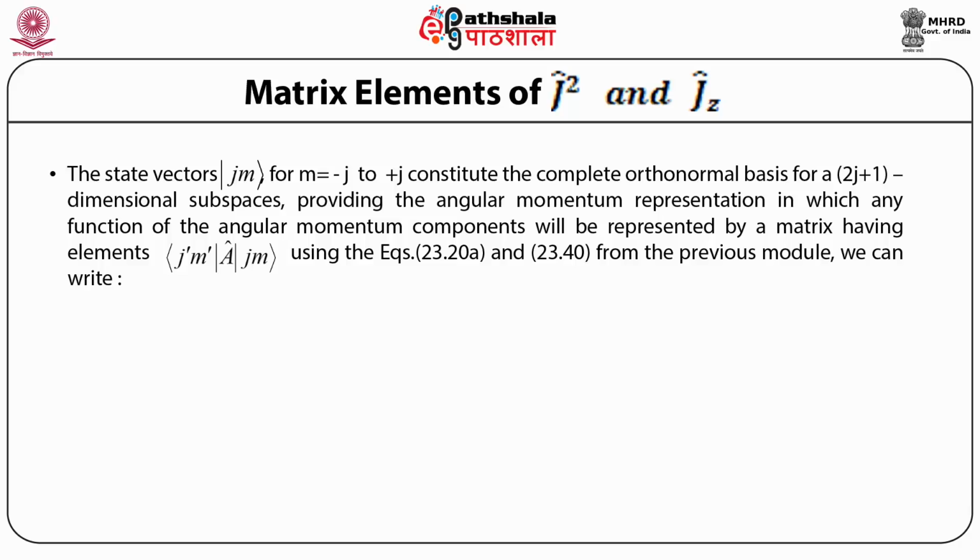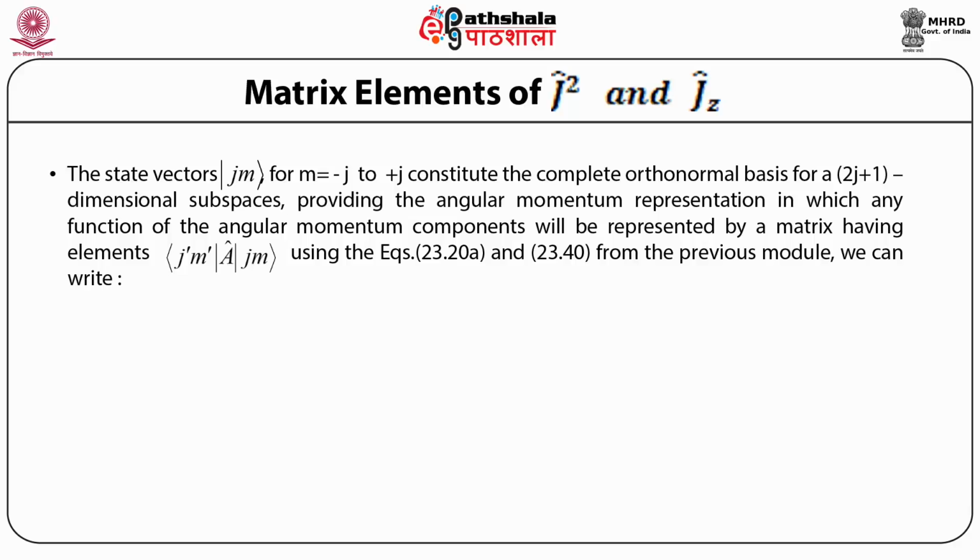by a matrix which will have elements given as bra J prime M prime, operator A acting on ket Jm. That means it is basically the operator A between the bra vector J prime M prime and the ket vector Jm.